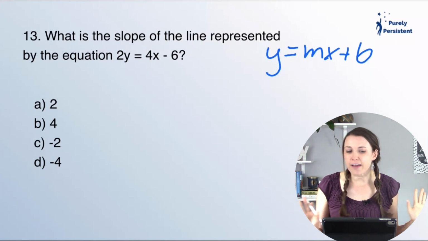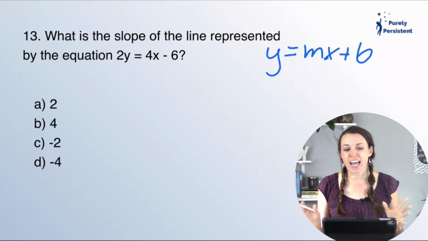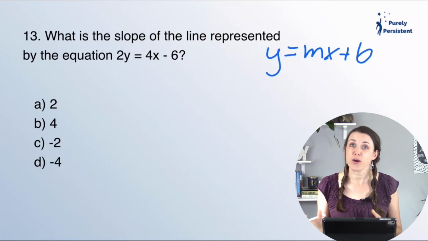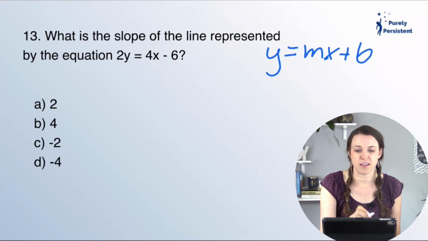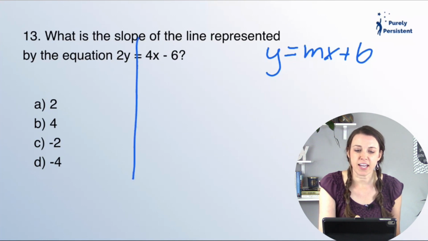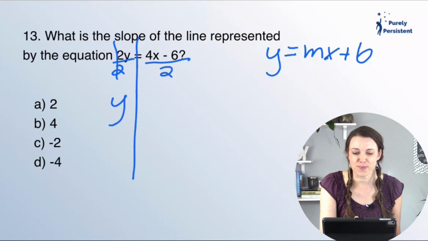So we can't have the 2. So we're going to have to divide everything by 2 so that y can be by itself. So I'm going to divide everything by 2. 2y divided by 2 is just y equals, okay, 4 divided by 2 is 2x minus 6 divided by 2 is 3.